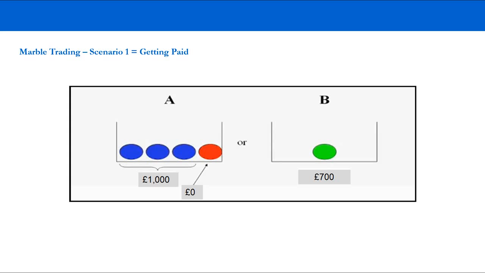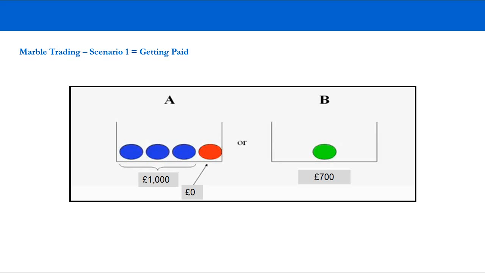So what you'll see in front of you is 2 boxes, box A and box B. In box A, there's 3 blue marbles and 1 red marble. So 4 marbles in total. In box B, there's 1 marble, and that marble is green.